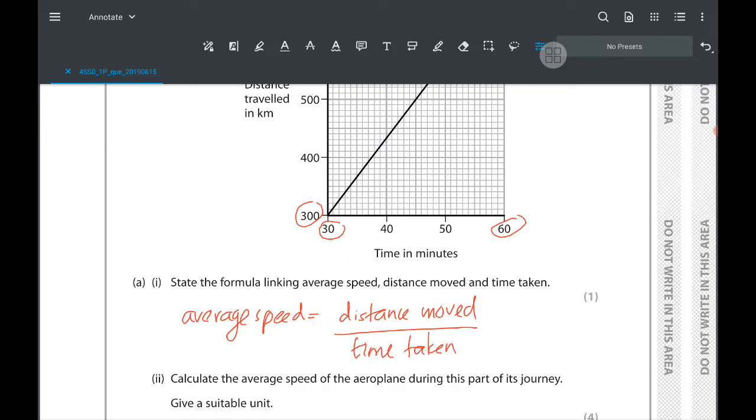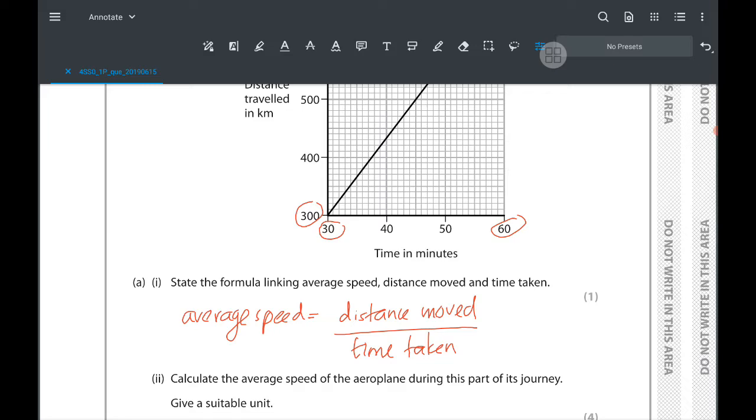Now, if you have written S equals d over t or V equals S over t, that is going to be fine. But the problem is sometimes when you are using symbols, if you can't remember the exact symbol, you might give a different unit or different value or different letter there. That's going to make our life very hard because then we don't know what is meant by that exact letter.